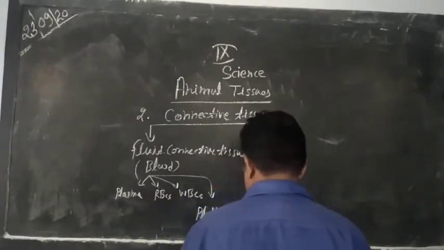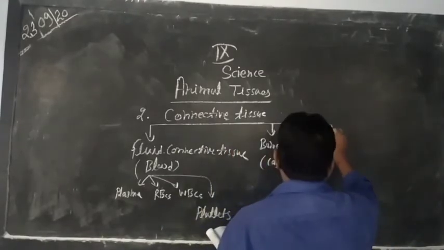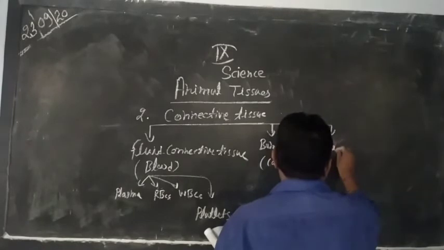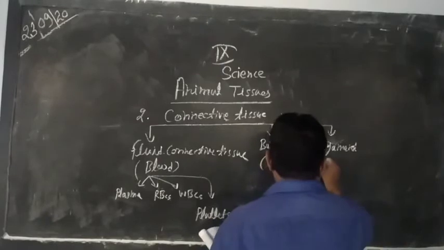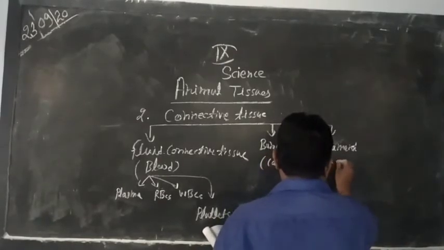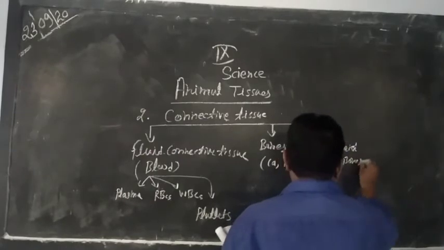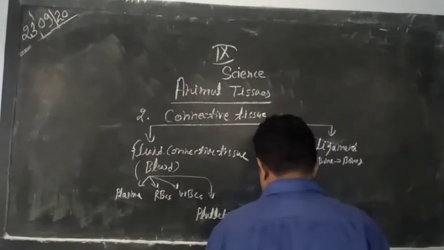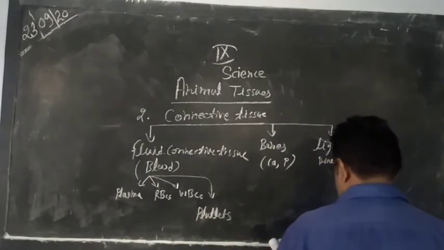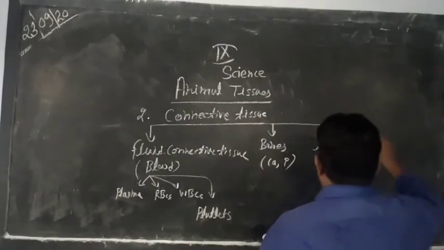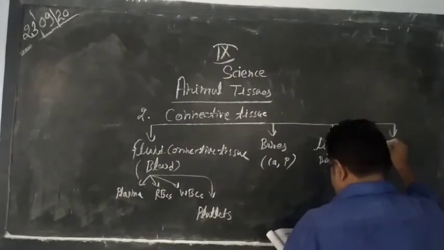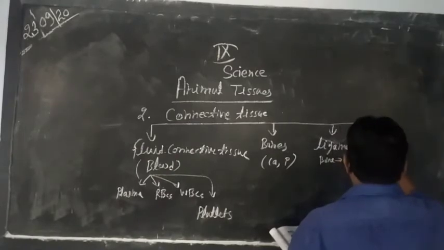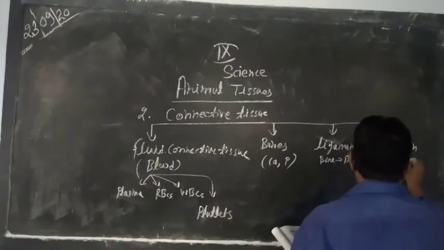And the third type of connective tissue is ligament. It is the junction between bones and bones. Another type of connective tissue is tendon, which connects bones to muscles.